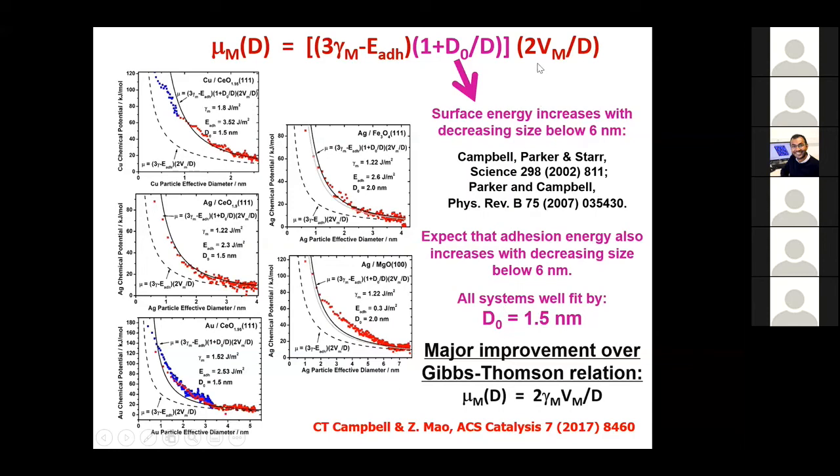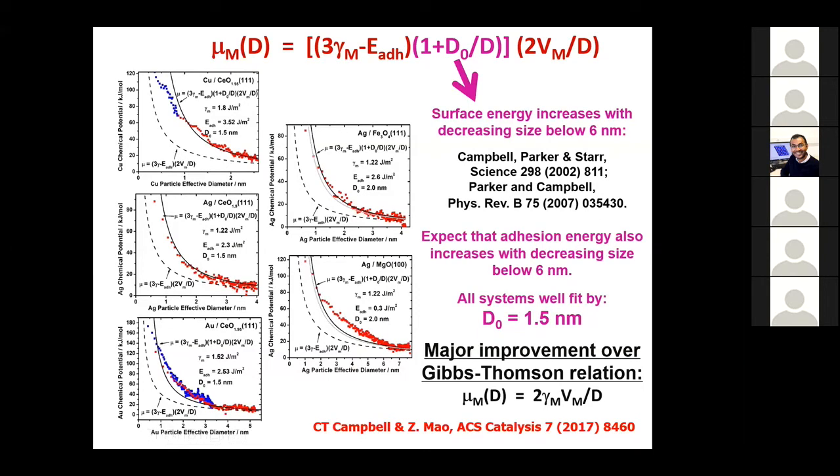So now we have, for late transition metals, a predictive equation, I would say, for how the chemical potential depends on particle size. And the only thing you need to know, the surface energies are known for all the transition metals, the only thing you need to know is the adhesion energy at the interface.